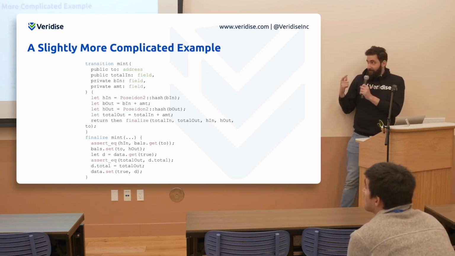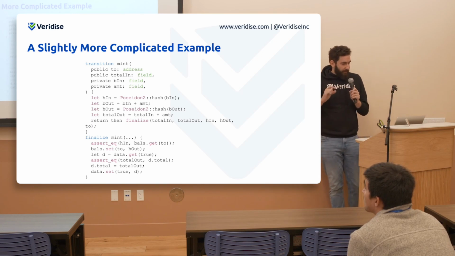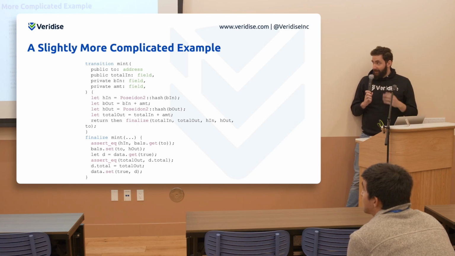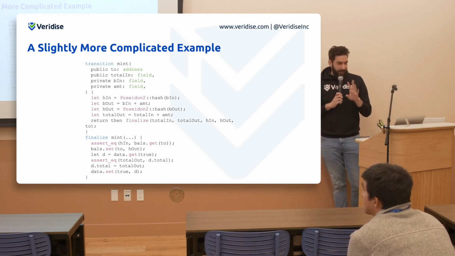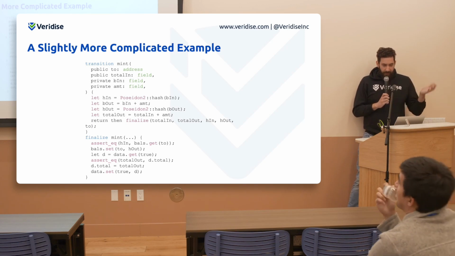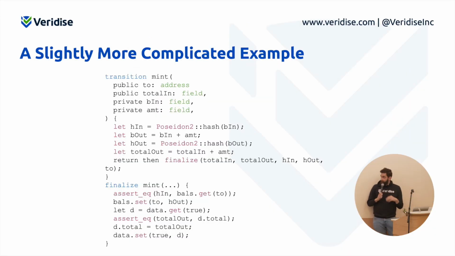Let's see a more complicated example where the leak is not as apparent. Here we have a transaction that tries to mint some tokens for a user, and we want this minting to be private.